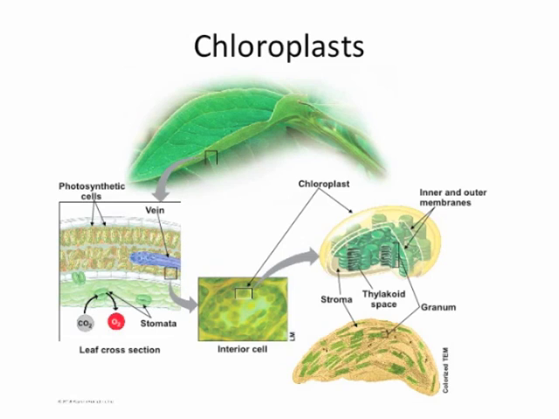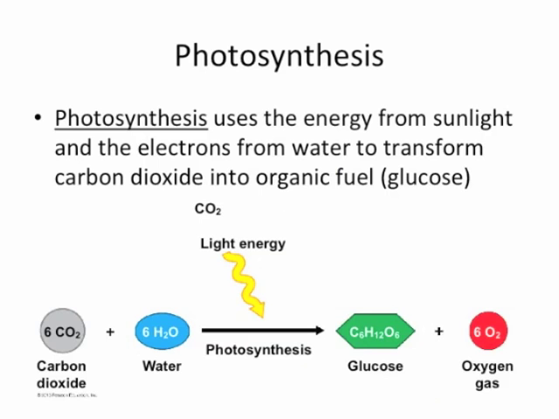Okay, so that's a little bit of the geography, and we'll talk a little bit more about the chloroplast as we get into it. Photosynthesis is going to use the energy from sunlight and the electrons from water to transform carbon dioxide into organic fuel. That's what this reaction is, just to reiterate.